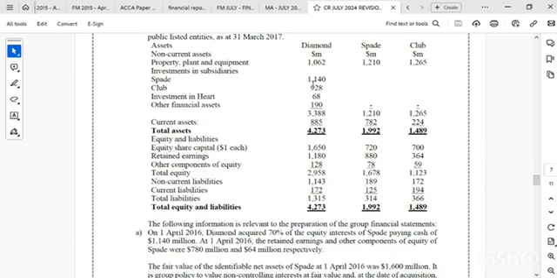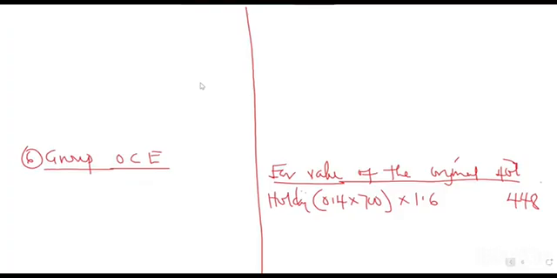Please go to the fair value aspects where we calculated the 40% for the initial. Why are we using the 1.6? Because as at the very first day they bought the 40%, the share price was 1.6.